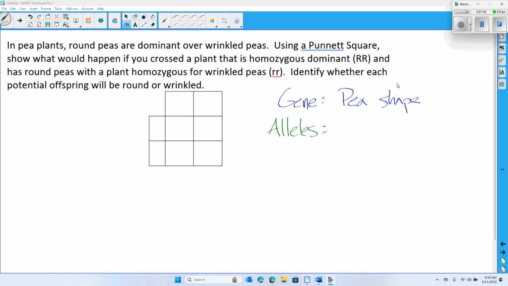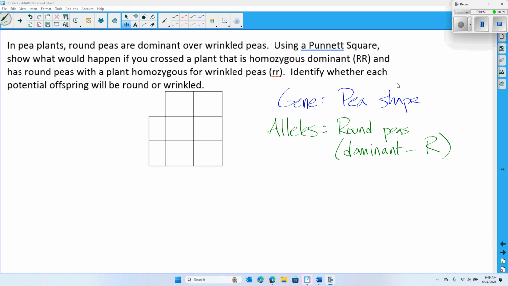One of the alleles will cause the peas to be round, and that is the dominant trait, and we'll use a capital R to abbreviate that, and we'll talk about what we mean by dominant in just a second.